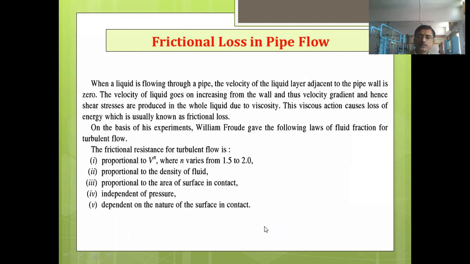Then below that, write down the title: laws of fluid friction. Write out these laws.